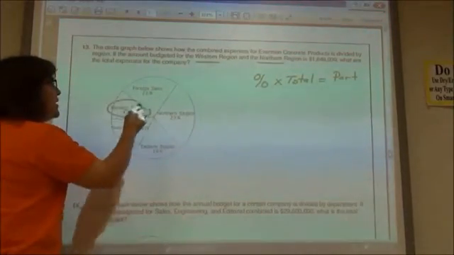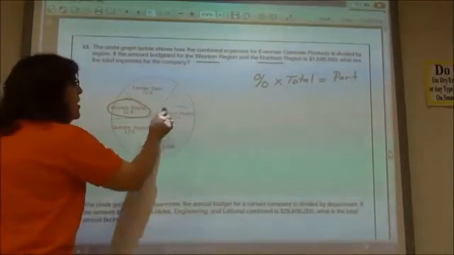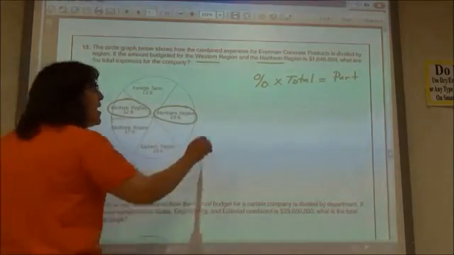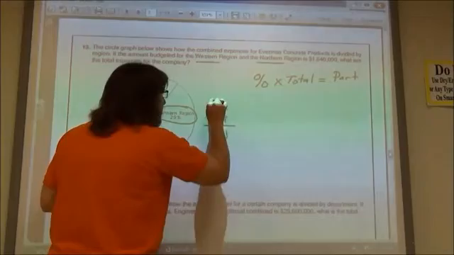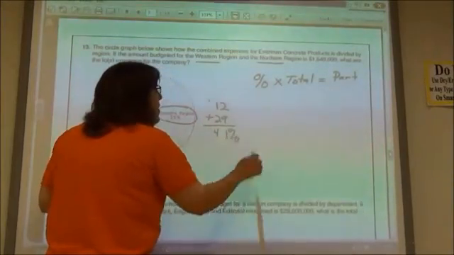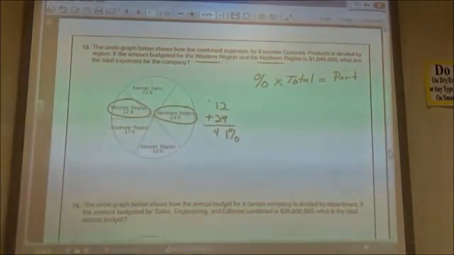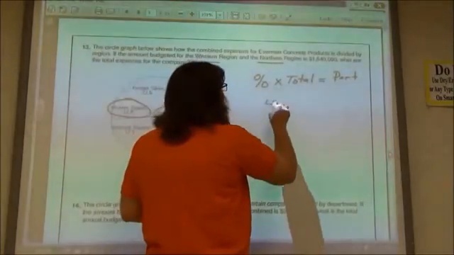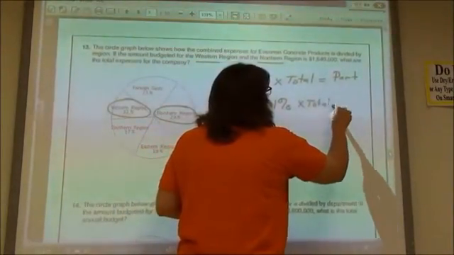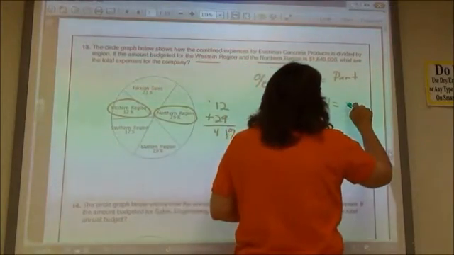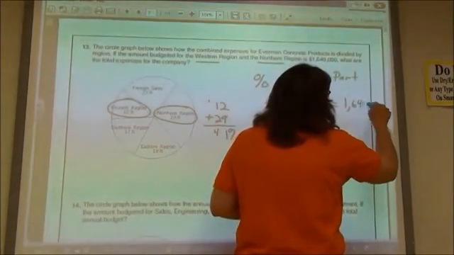The western region is 12% of the pie chart. The northern region is 29%. So if I take 12 plus 29, 41% is my percent. So it's saying that 41% of the total is equal to the part that they spent, the $1,640,000.